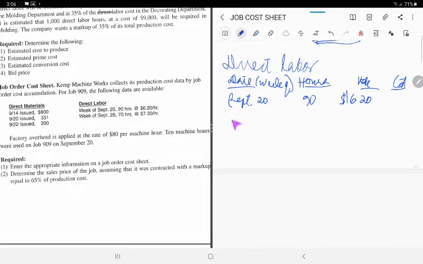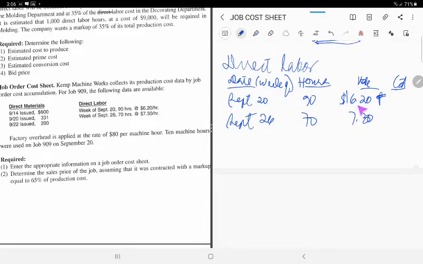Multiply them. Then week of 26: 70 hours. What is the rate? 7.30. The cost of 90 times 6.20: what did you get?